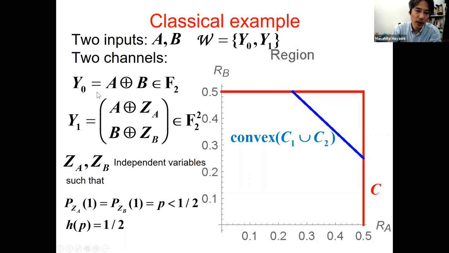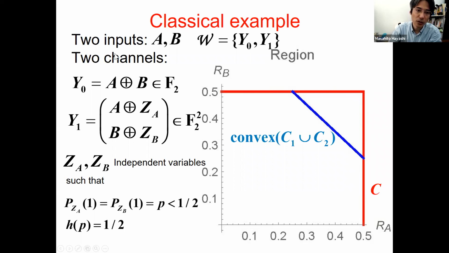The first one is a simple modulo sum, and the second one has somehow different noise. So in that case, the first channel and the second channel have different outputs. So anyway, we have this one and this noise. In that case, our universal code can achieve this point, this red region. However, if we can achieve only the corner points and their time sharing, in that case, our achievable rate region is this one.